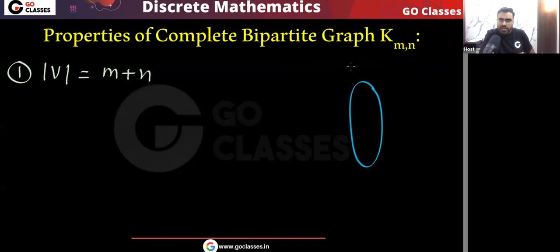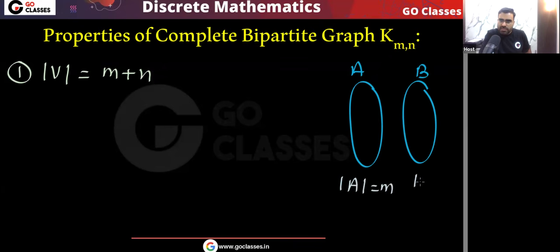Let's assume this is part A and this is part B. We partition the vertices into two parts, where the size of A is m and the size of B is n. The total number of vertices will be m plus n.